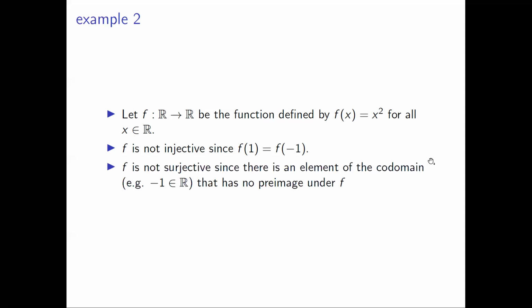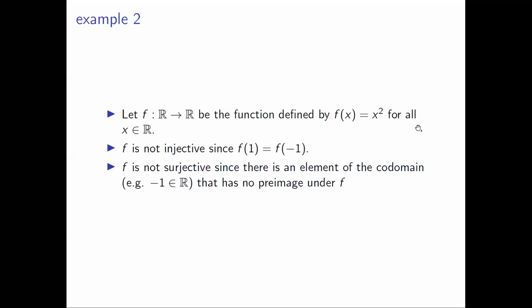So no injectivity, and also we don't have surjectivity for f going from the reals to the reals because there's an element in our codomain, for example minus 1, that has no preimage. There's no real number x which satisfies x squared equals minus 1, because like we said earlier, no negative real numbers have real square roots.